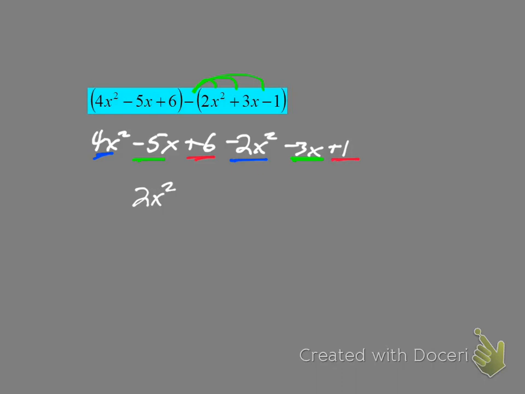Okay, your green, line green, pay attention or be careful. Negative 5 minus 3 gives you what? Negative 8. Okay? Negative 5 minus 3. Negative 8 on the x's. And then 6 plus 1 gives you 7.